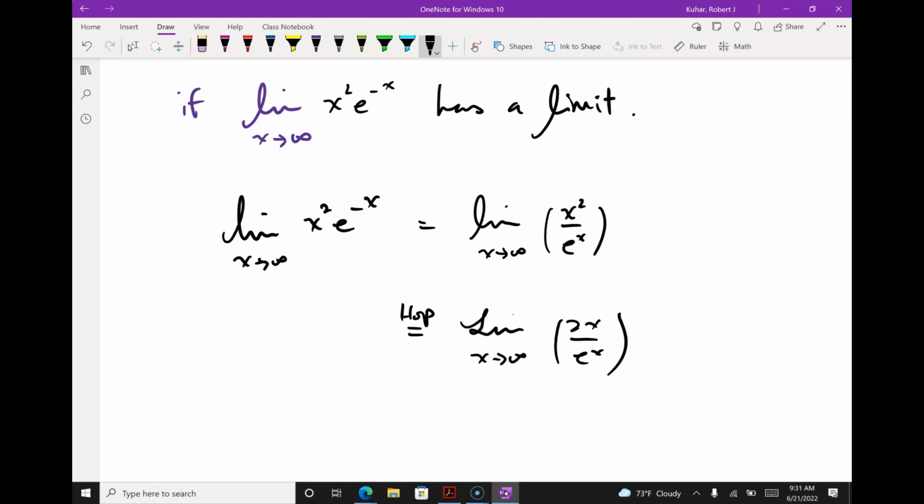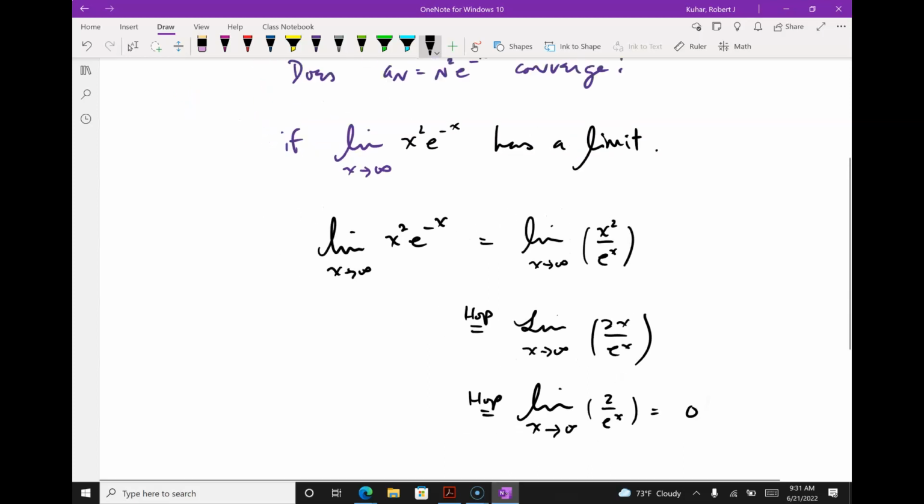I took a derivative of x squared and a derivative of e to the x. I redo my limit. Where is 2x going to? Infinity. Where's e to the x going to? Infinity. So I've got to hop again. So I get 2 over e to the x, and finally this guy's going to 0, right? Pretty simple, yes?